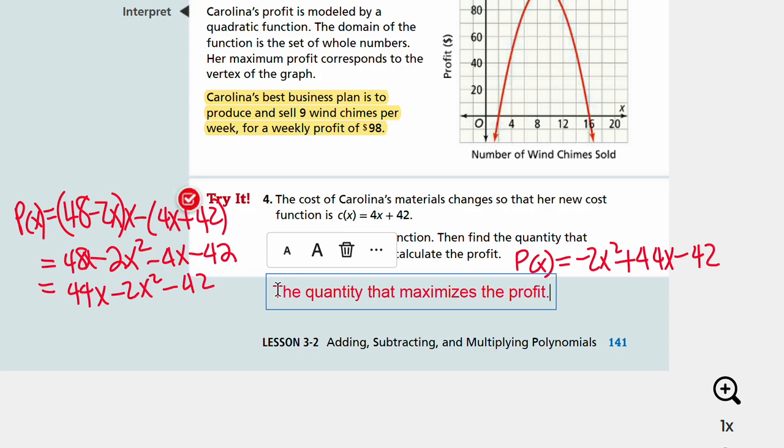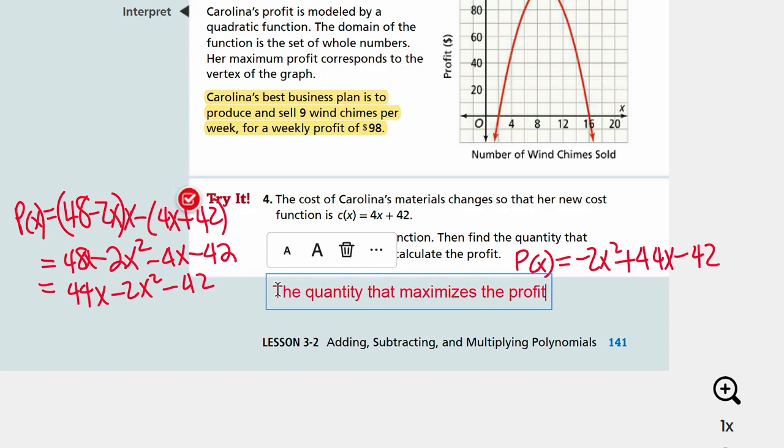Another way, you could just plug in points for your x values. So you can plug in 0 for x, and then negative 2 times 0 and so on, to find the point you would have to graph when x is equal to 0. So then it'll be negative 42. And then you can plug in other numbers to get other points. You need to pick your number and substitute to figure out the points one by one.